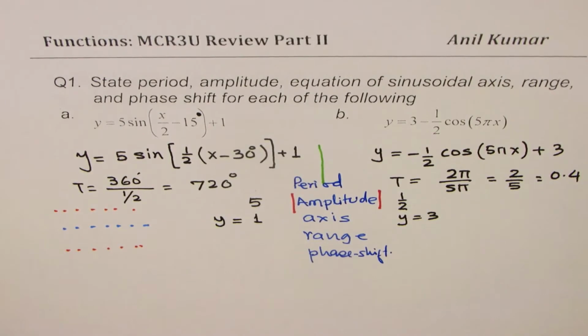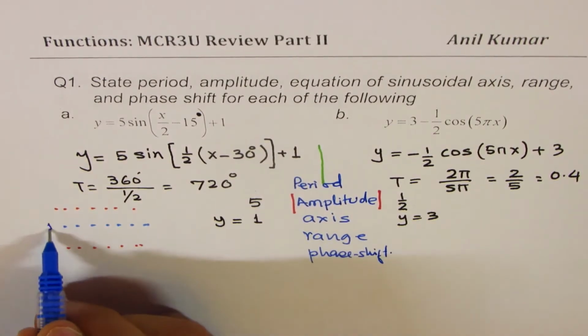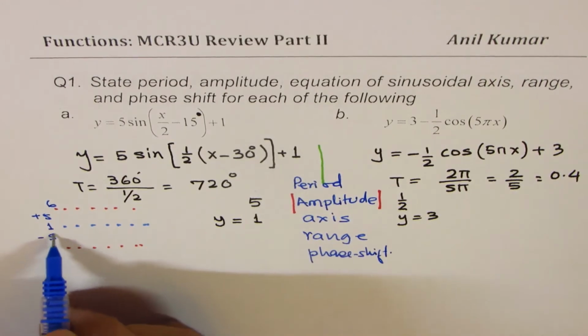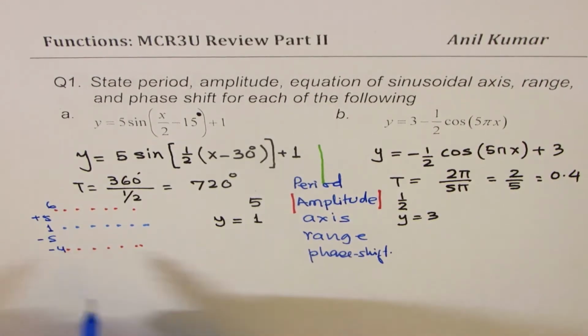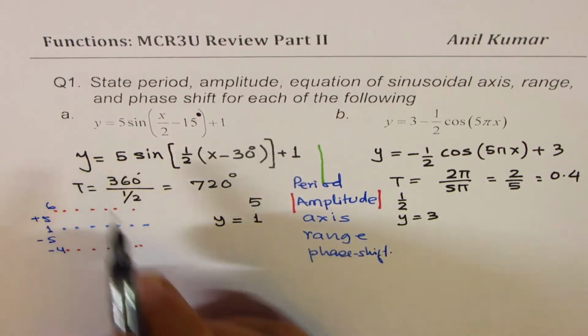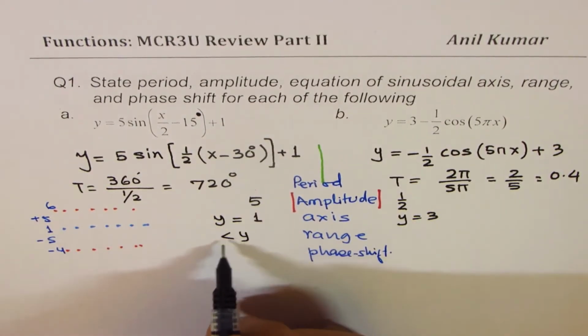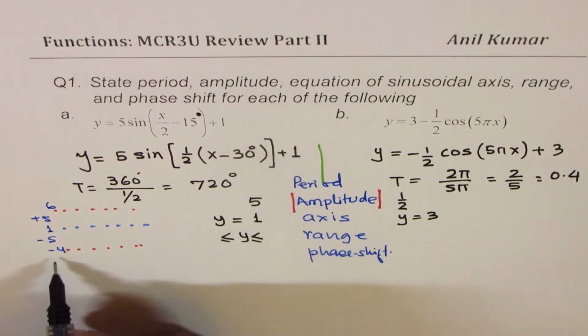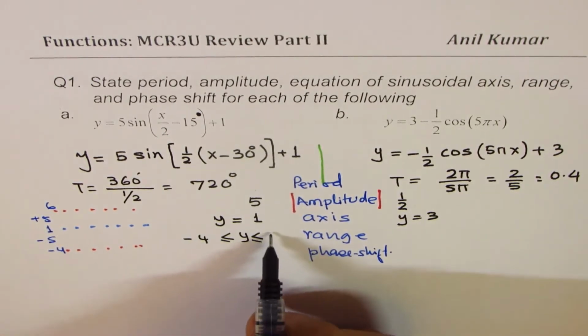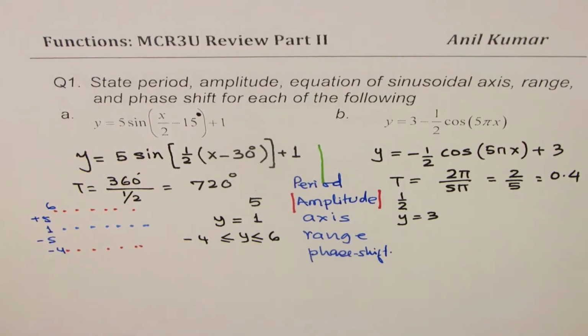So in this case, as you see, the axis is at 1. So if you do plus 5, you come to 6. And if you do minus 5, you get to minus 4. And therefore, the range here for the value of y, range is always y, correct? So it is between these two values. It is greater than minus 4 in this case and less than 6. Does that make sense to you?